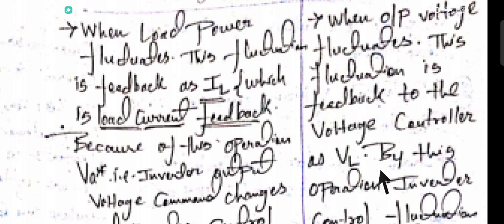So whenever there is fluctuation in the load power, a feedback signal named the load current feedback signal is generated. This load current feedback signal changes the inverter output voltage command, due to which the inverter controls the fluctuation in the output power, or can say load power.